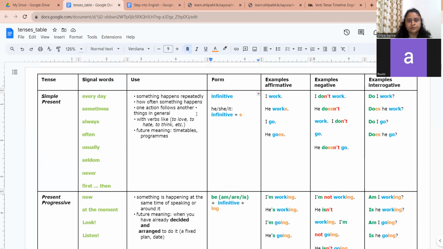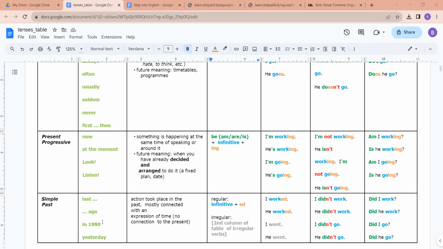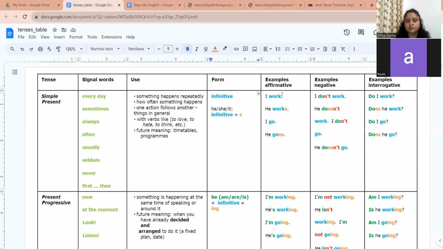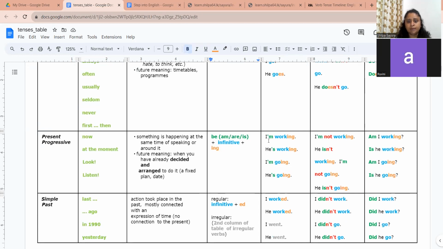So if I use the same verb, work, here you see, I'm working. So see the difference. I work every day as a routine. So I'm working. That means now. I'm working now. In the same way, third person singular, he is working.